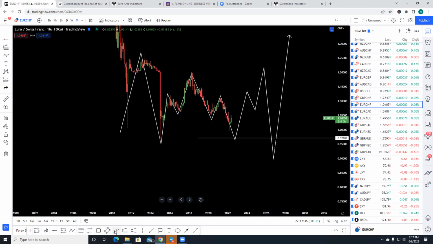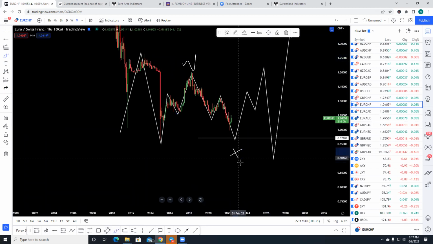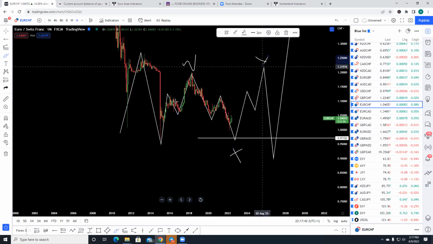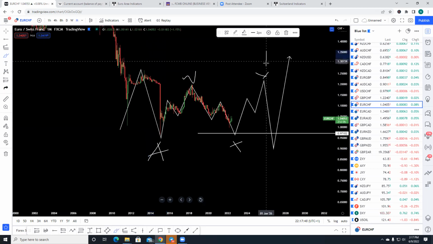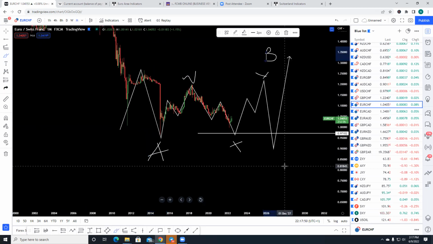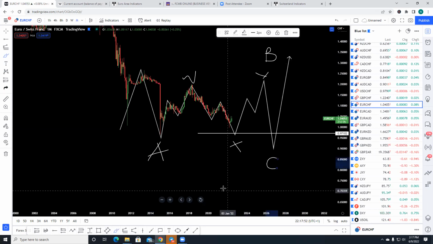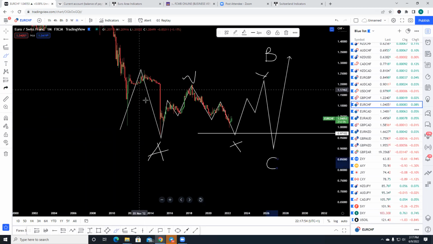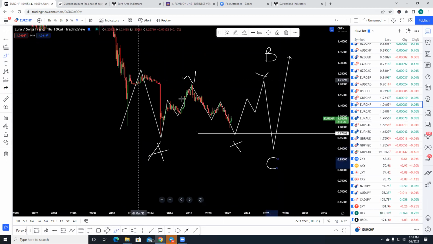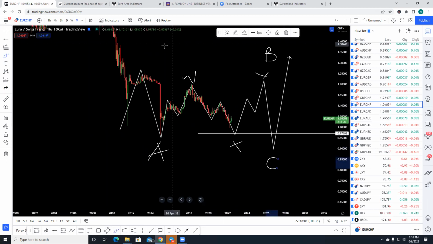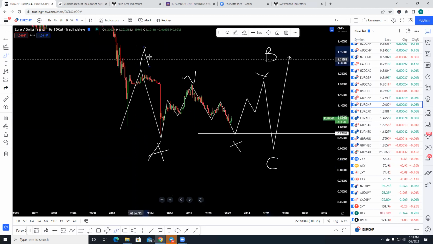So in that case, if we have to label it, this becomes W, X, and Y. Where this impulse that goes down is A, then the W, X, and Y becomes B, and then this move down becomes C. This move up becomes A, B, C, and itself it becomes a corrective structure for this impulse that goes to the upside, which we label A in brackets.